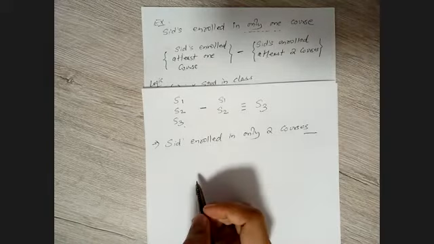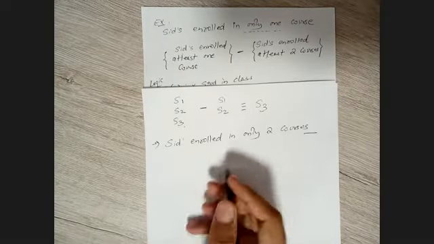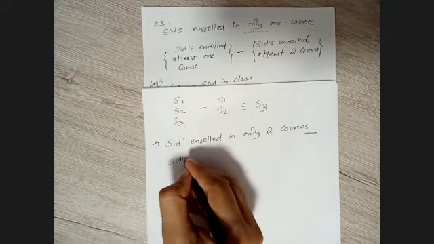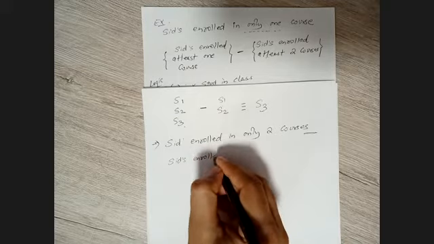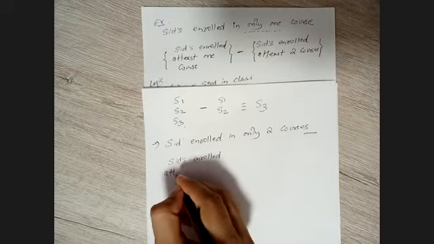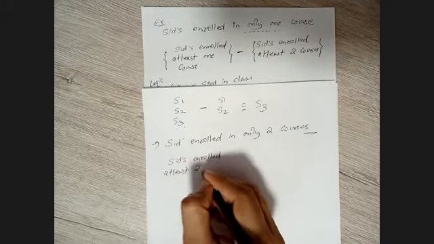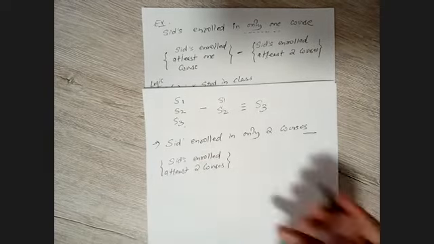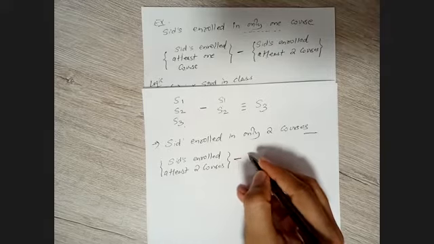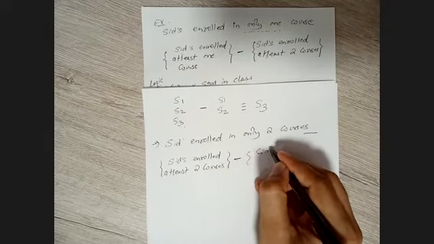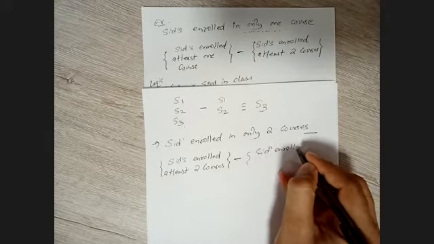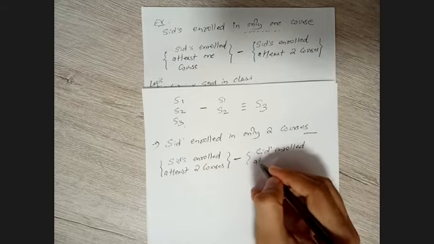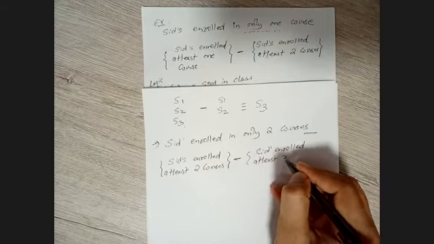Exactly. So what we will do is we will find SIDs enrolled in at least two courses. Yes or no? And whatever query we find, we will do the set difference operator with SIDs enrolled in at least what? Three courses.